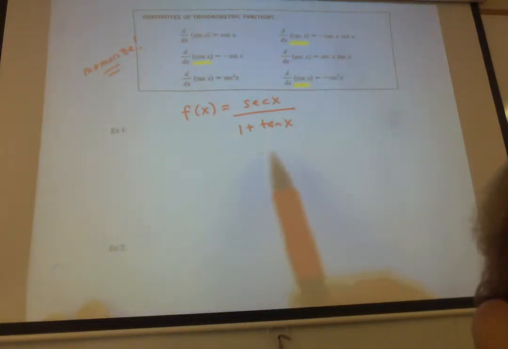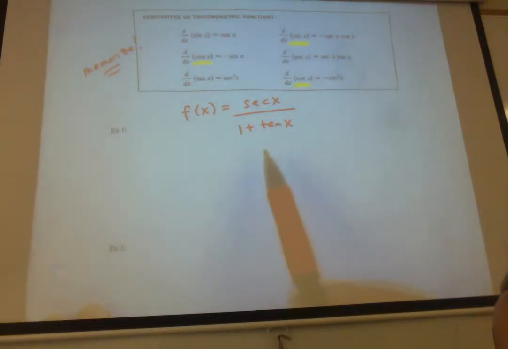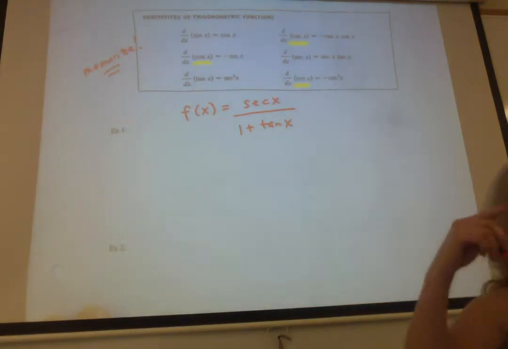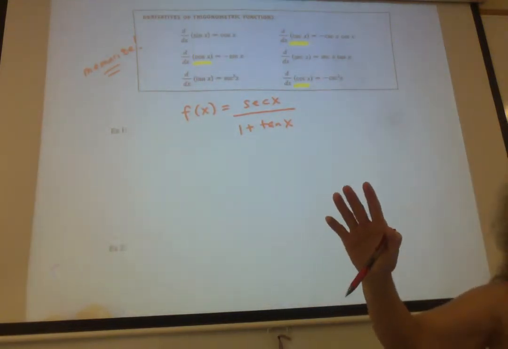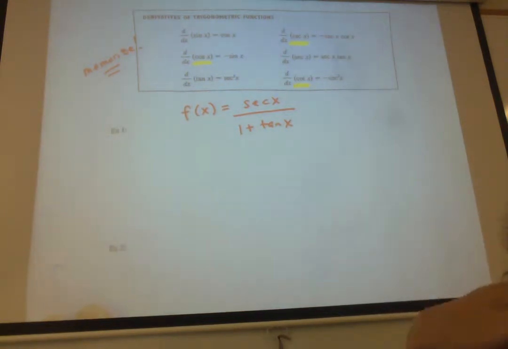No, we can't, because this isn't just one term down here, right? Now, you might be thinking about identities. We're going to get to that on the next page. But right now, I'm not seeing any glaring identities, which we'll talk about in a minute if you've forgotten. So we are going to use quotient rule.